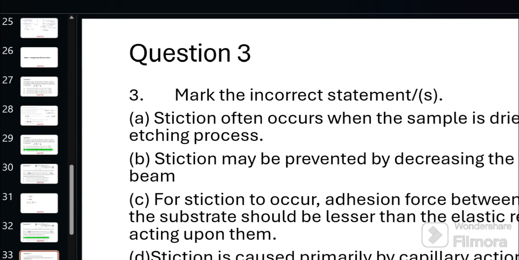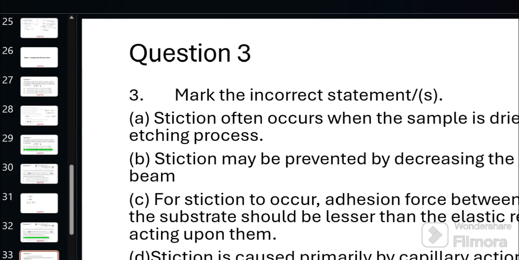For stiction to occur, the adhesion forces between the beam and the substrate should be lesser than the elastic restoring force acting upon them, and stiction is caused primarily due to capillary action due to surface tension. So basically we have to identify the incorrect ones.